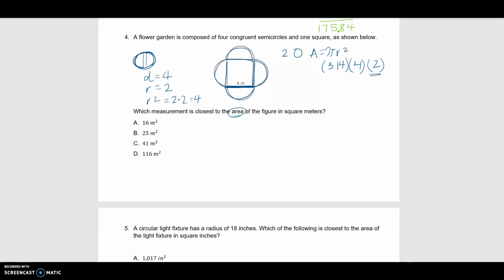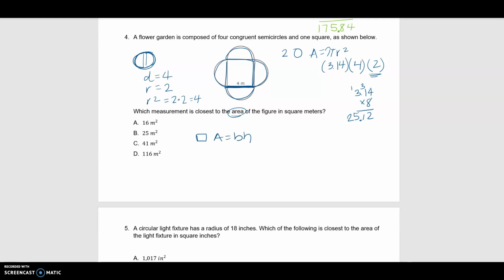So I'm going to go ahead and put this at the end. So 2 times 4 is 8. So 3.14 times 8. 4 times 8 is 32. 8, 9, 10, 11. 24, 25. 2 numbers to the right. Now I also have my rectangle, or my square.